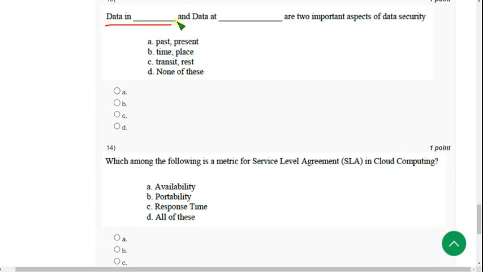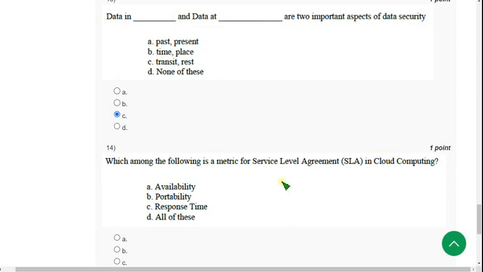Data in dash and data at dash are two important aspects of data security. So for the 13th question, here it is data in transit and data at rest. So the answer is option C. So mark option C as the correct answer for the 13th question.